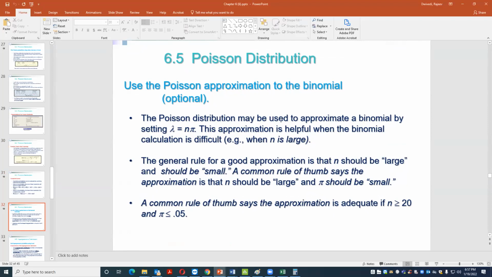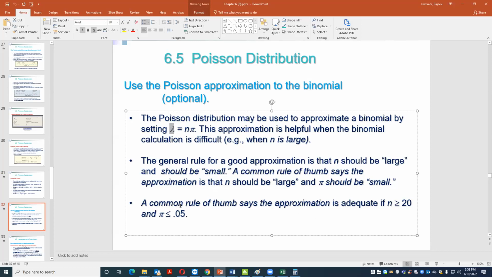So what is the mean? In binomial distribution, the mean is defined by n and pi. And here the mean is lambda in Poisson. Therefore, if you know binomial n and pi, you can multiply and you can get the lambda value.